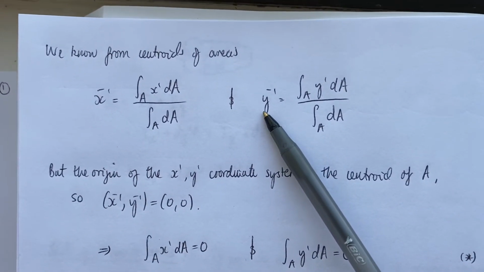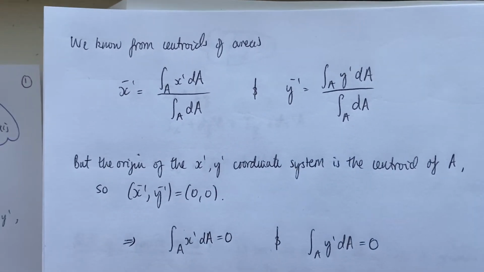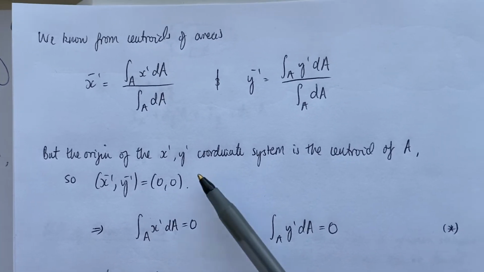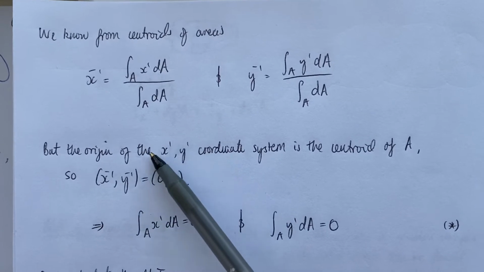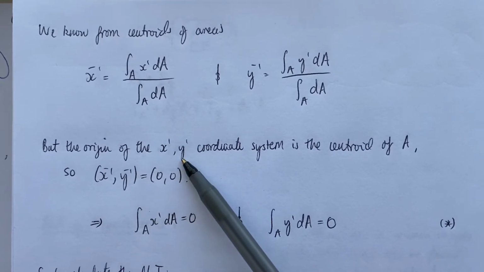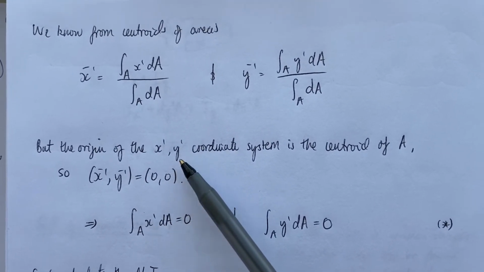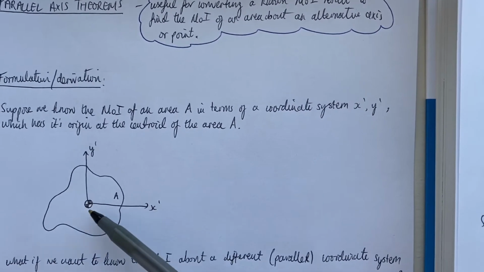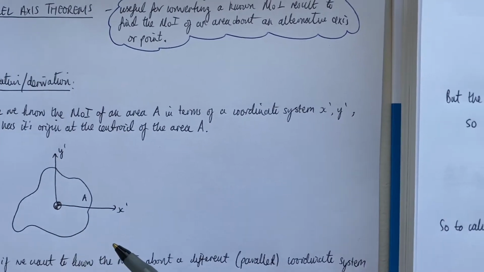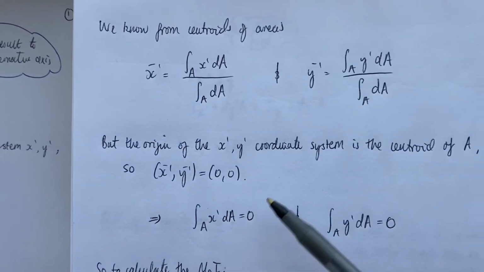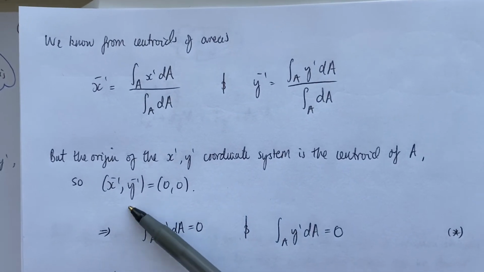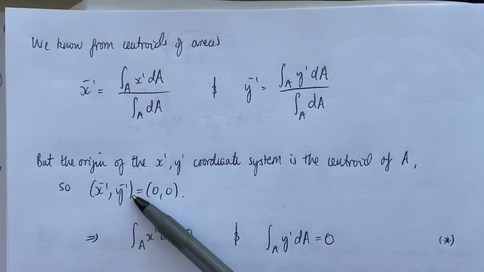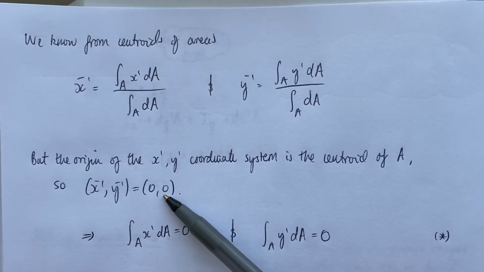But for the example we're considering, this coordinate system x dash, y dash is at the centroid of the area. Remember, that's how we defined the x dash, y dash coordinate system. So we know the coordinates of the centroid because that's how we defined it: it's at the origin.